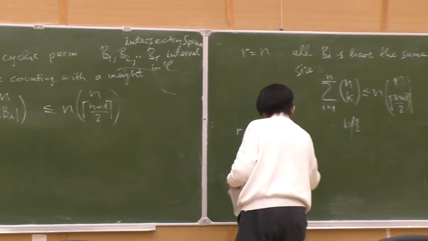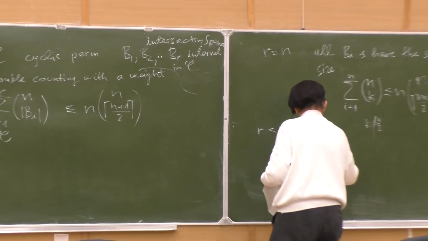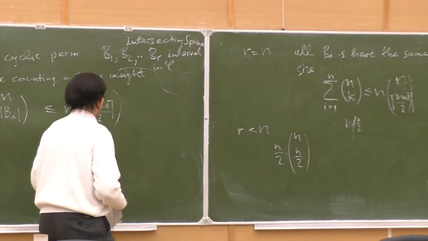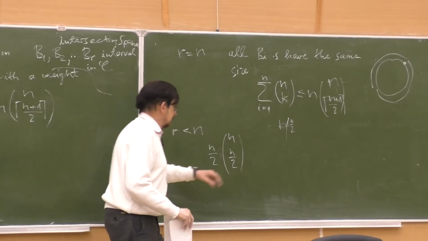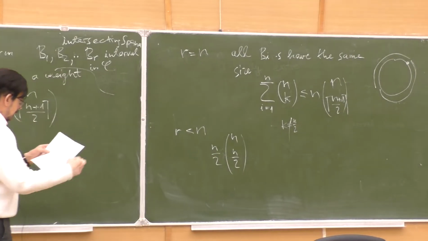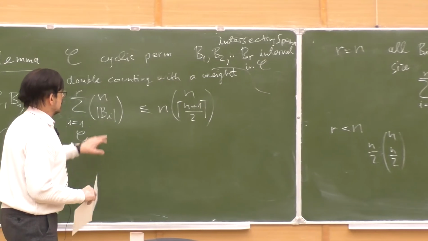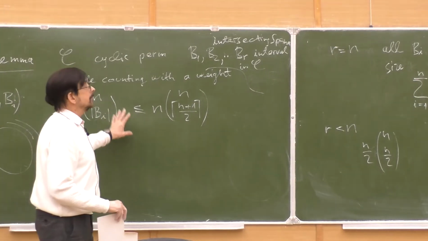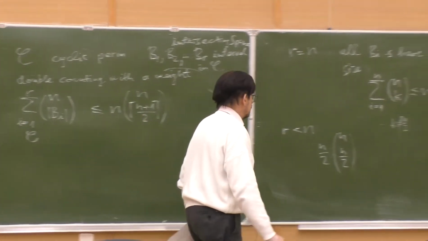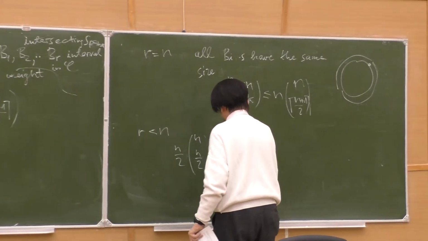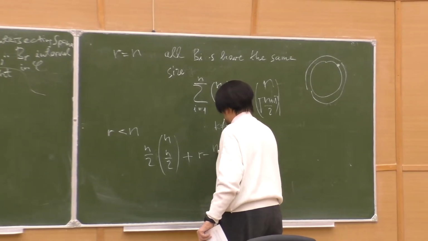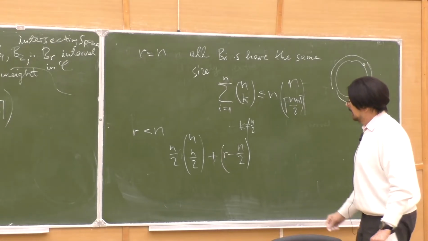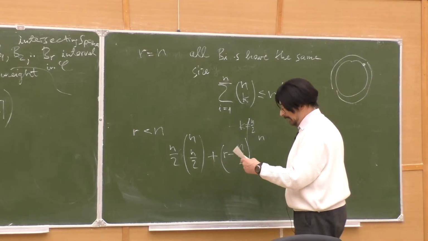So we can have this many of the largest possible. And the rest, which is n r minus n half, is smaller.